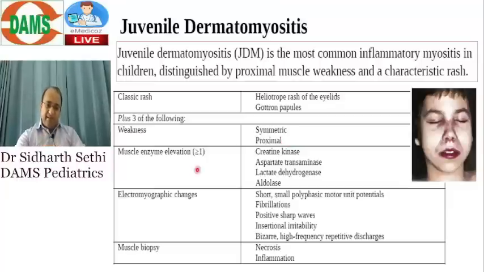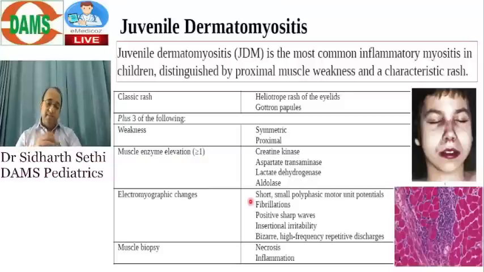So muscle enzyme elevation, characteristic EMG changes of dermatomyositis, which include fibrillations, positive sharp waves, and short polyphasic motor unit potentials. And the classic muscle biopsy. Here what you can see is inflammation and necrosis of the muscle fibers.